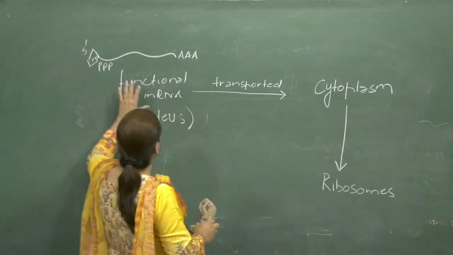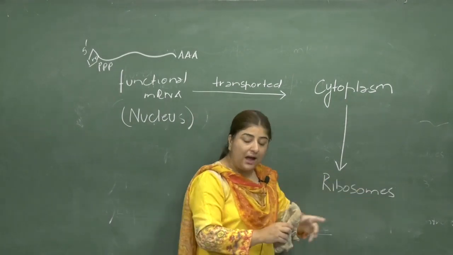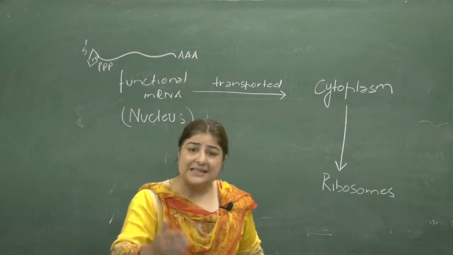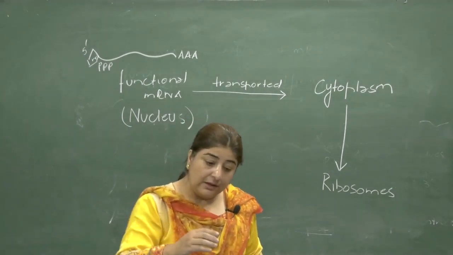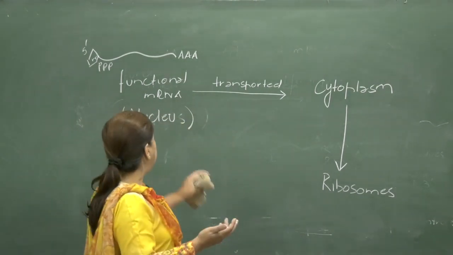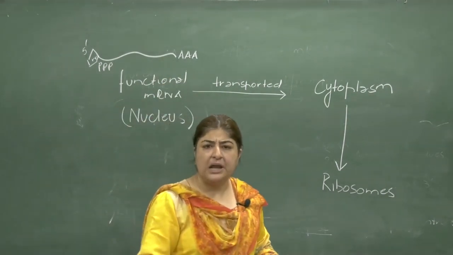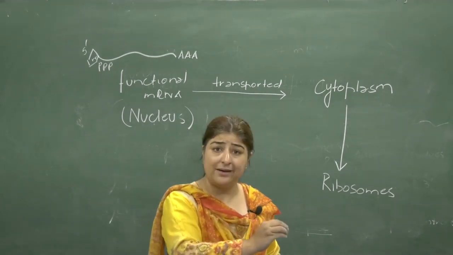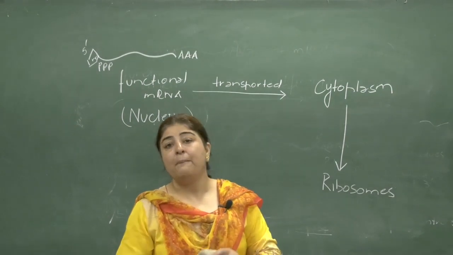When this functional mRNA reaches the ribosomes, it will start synthesizing proteins. But once again, the information regarding protein synthesis is there in the mRNA. There should be some molecule that will read the code present on the mRNA and translate it into a polypeptide.